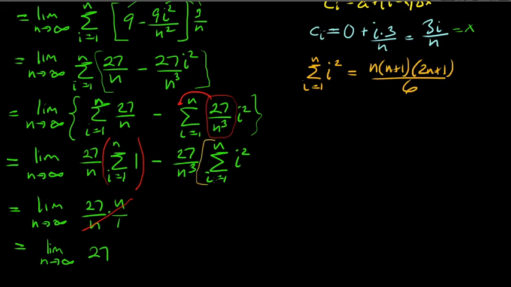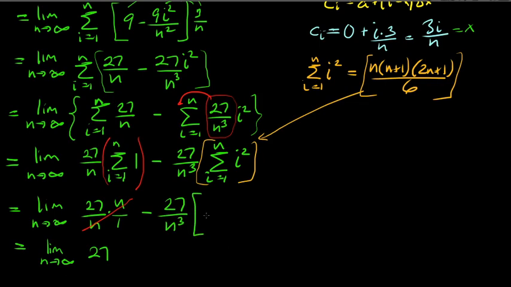So I'm just going to replace all that with this mess up here, plug that in here, and what do we get? We get minus, we still have the 27 over n cubed, and now we multiply by n times n plus 1 times 2n plus 1 all over 6.